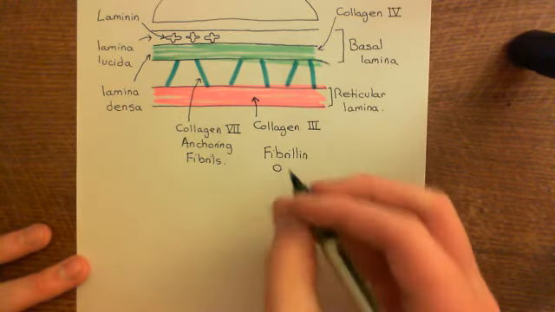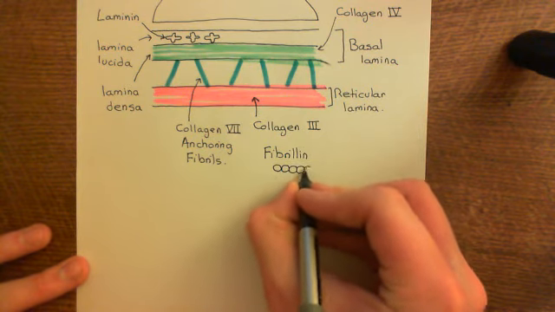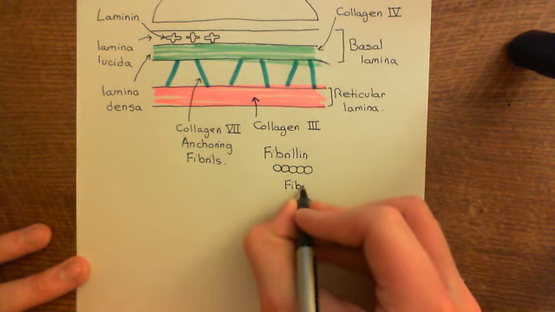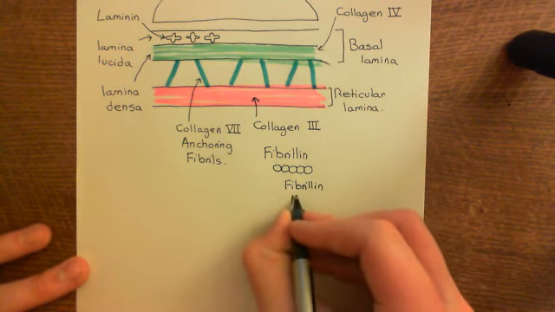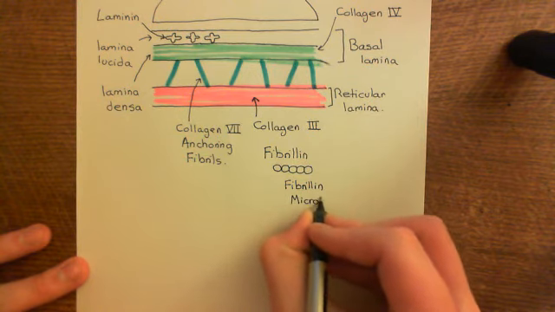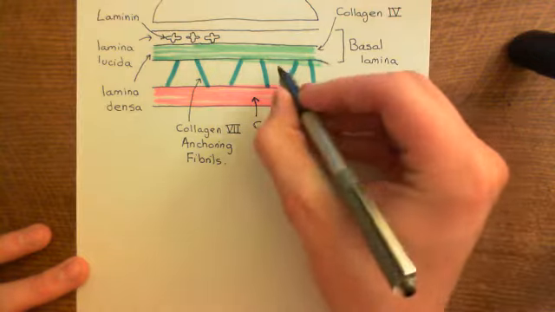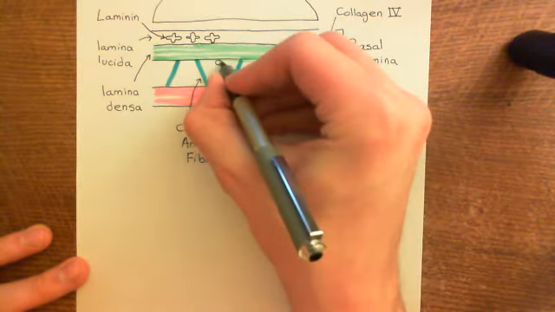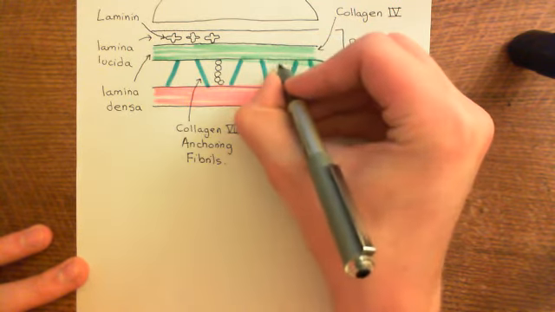We polymerize loads of fibrillin proteins together to make what's known as a fibrillin microfibril. We're going to have fibrillin microfibrils spanning the space between the basal lamina and the reticular lamina and connecting the two.